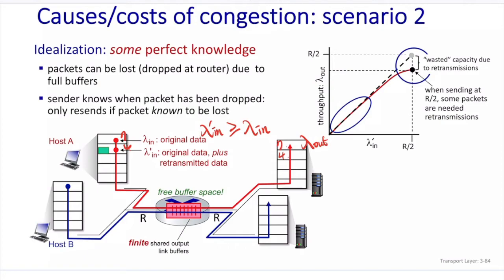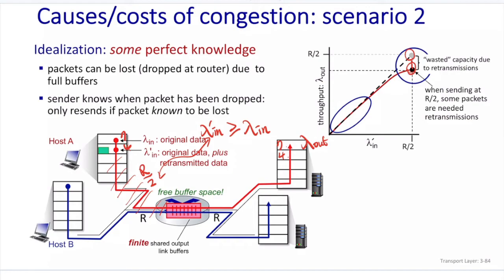Although there are some packets lost, even if A uses half of the R capacity to transmit original data plus retransmitted data, on the right hand side lambda out never goes to half of R.